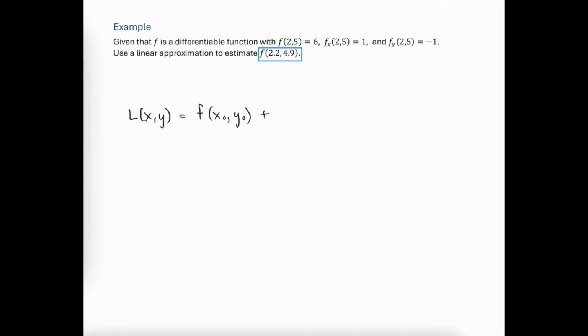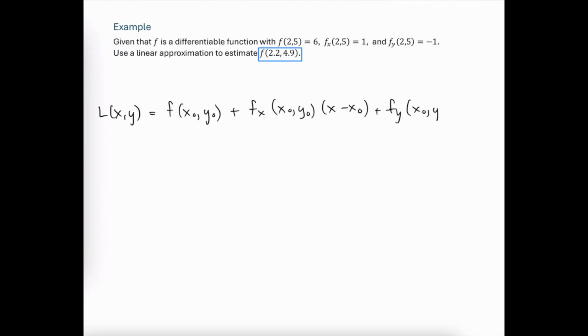So again, the linearization formula is the function evaluated at the initial point plus first partial with respect to x evaluated at that initial point times x minus x naught plus first partial with respect to y evaluated at our initial point times y minus y naught. Now let's notice here that the initial point or the initial domain element is going to be the value 2, 5.